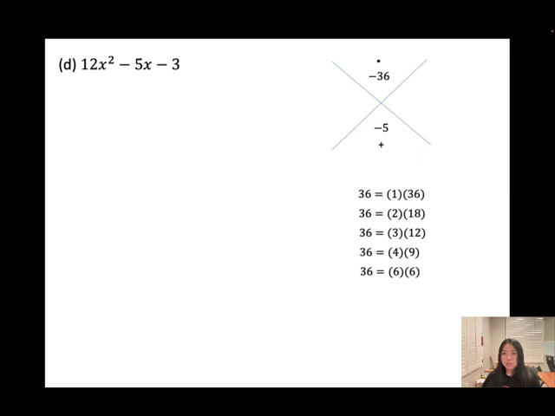Okay, right? Then find the difference. One will be equal to negative 5. It will be this guy, right? So I can have 4 times negative 9. And then divided by 12x. Simplify it.